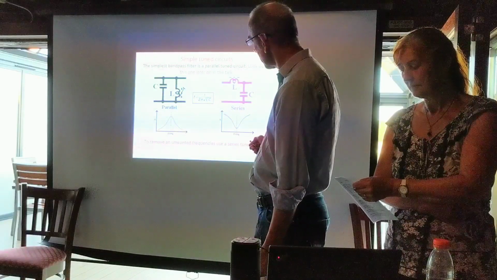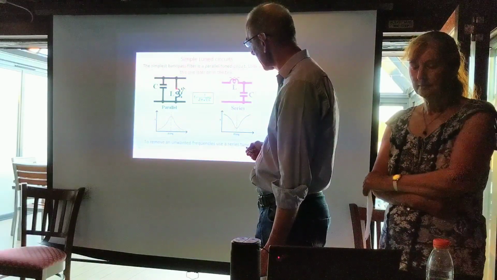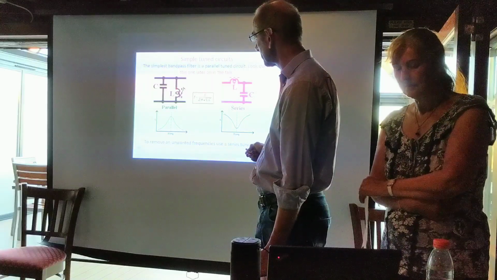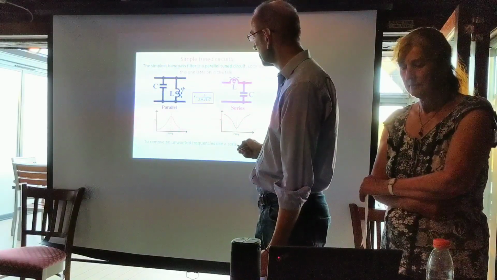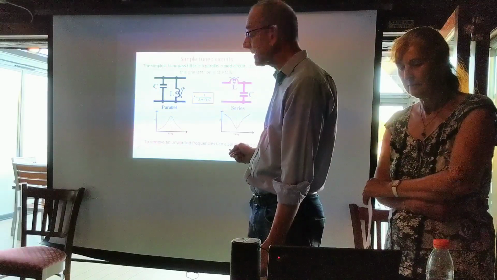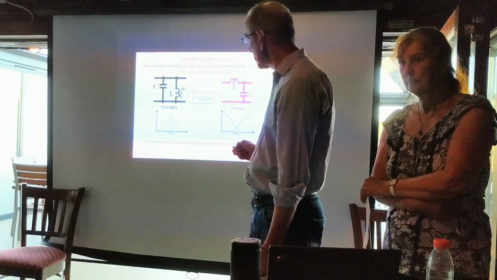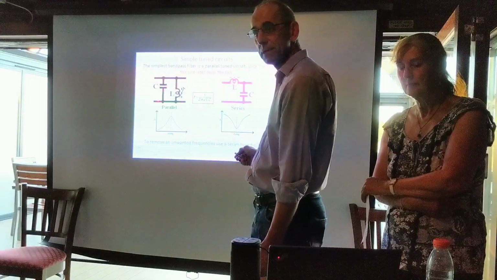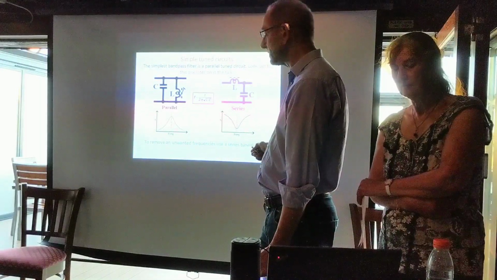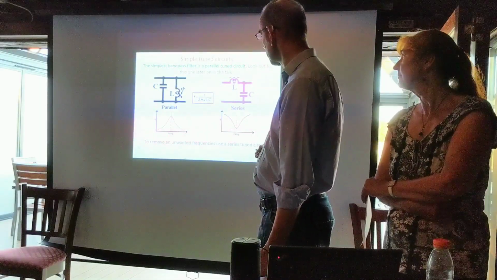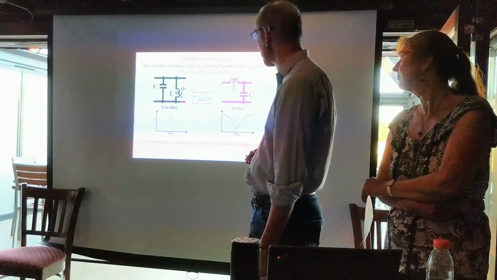At that point, the magnetic field will start to collapse, and when that happens, it will induce a current into the coils. That will produce a voltage across them, and the capacitor will charge up again. So the charge will bounce back and forth between these two, and the rate at which that happens can be found by a very simple formula, F equals 1 over 2 pi root LC.